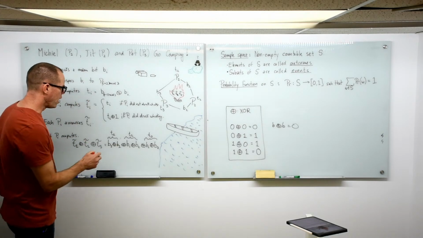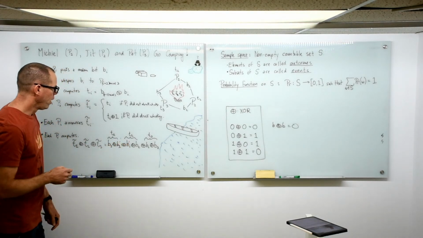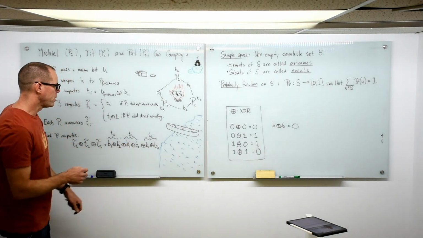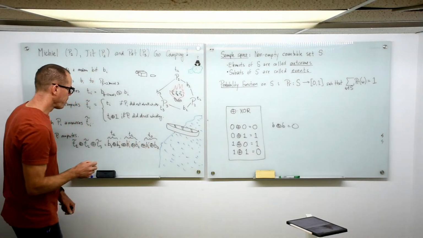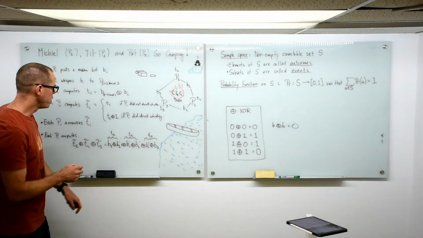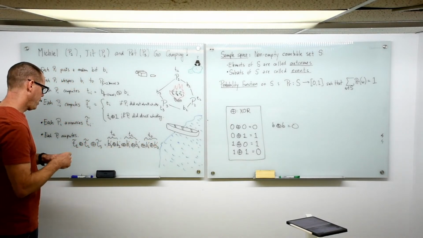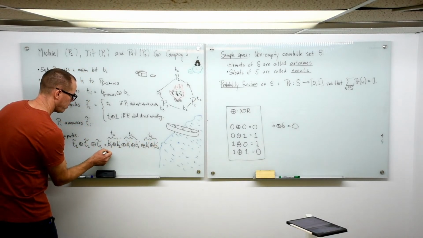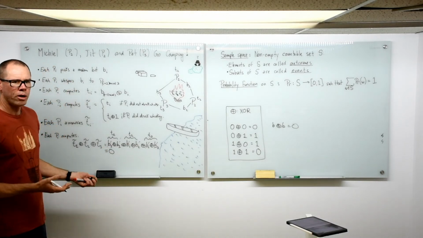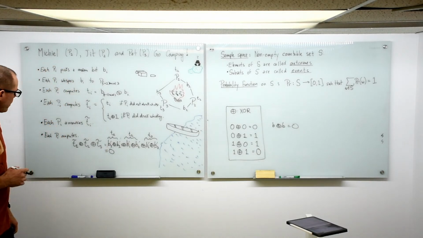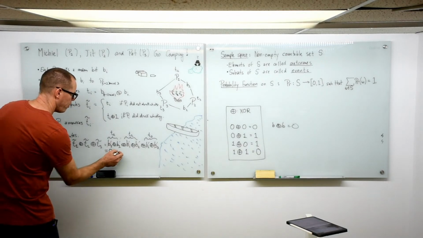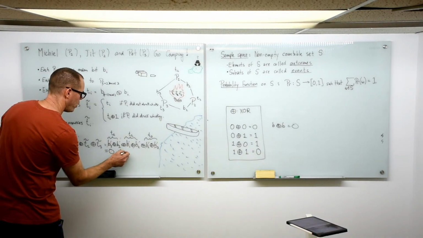B1 XORed with itself is 0, so those cancel. B2 XORed with itself is 0, those cancel out. B3 XORed with itself is 0, and those cancel out. So if nobody drank the whiskey, then the value 0 comes out from this formula. Okay? So that's if no one drank the whiskey.